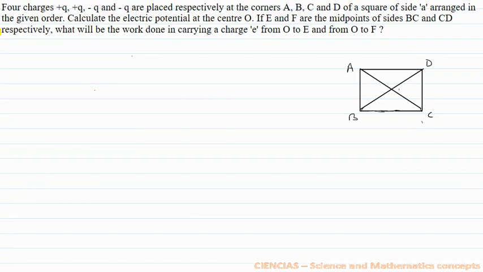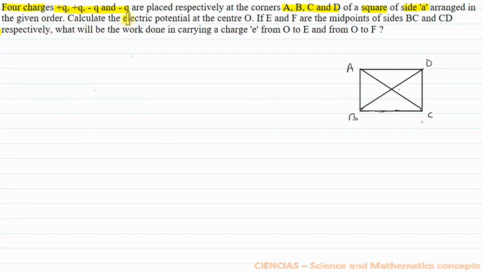Hello students, here we are solving the question which is based on the topic of electric potential and capacitance. The question here is: 4 charges plus q, plus q, minus q and minus q are placed respectively at the corners A, B, C and D of a square of side a, arranged in given order.